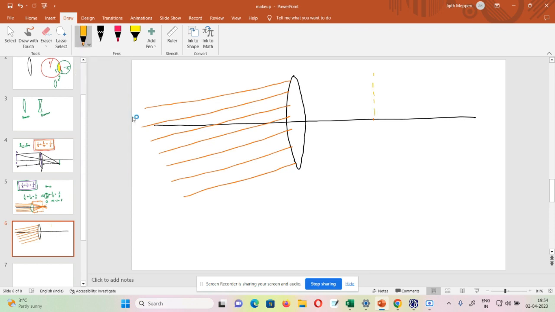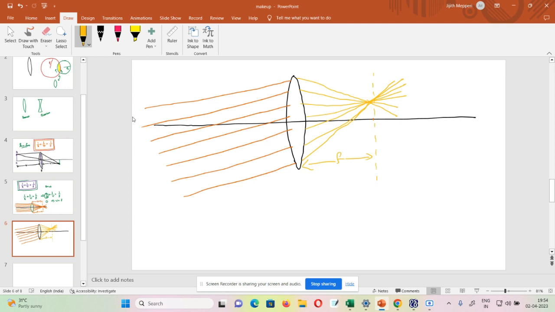It will form a point on the focal plane, somewhere like this. This will be at the focal distance, but it may not be on the axis, it will be off axis. So this is the way lenses form images. This is the case when my object is at infinity.